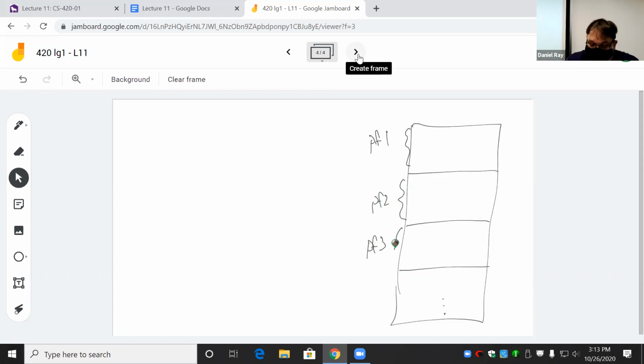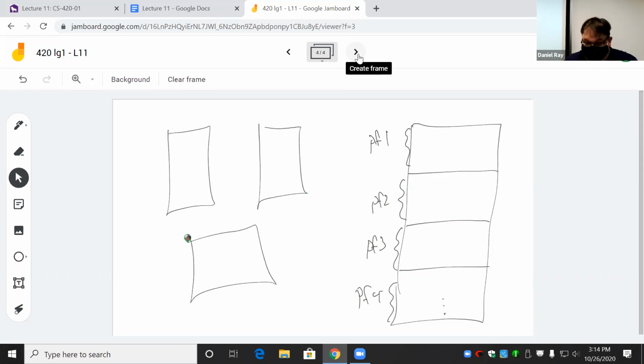They're all the same size. And I've got all these load modules out here which are entire processes ready to be loaded into the RAM, but they're also divided up into page-sized chunks. So this is page 1, page 2. This is also page 1, page 2. This is also page 1, page 2.